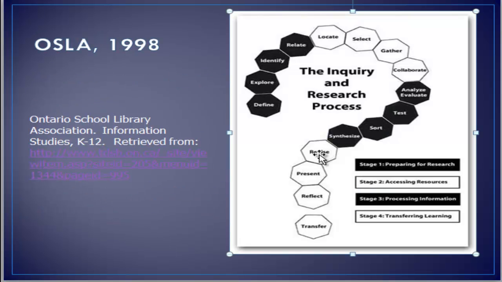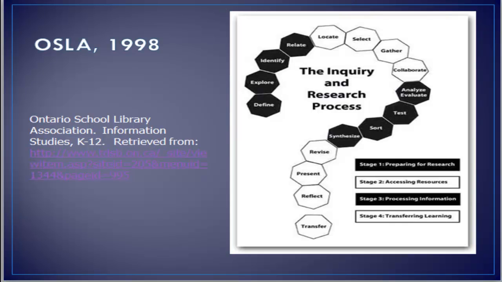In 1998, the Ontario School Library Association published an information studies curriculum to be implemented at the K-12 levels, outlining the inquiry and research process. The image on the slide depicts the various stages.